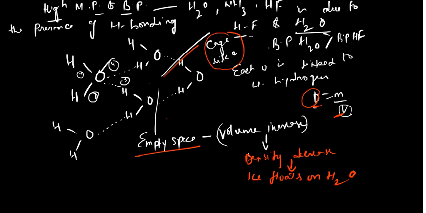And just remember one important thing: each oxygen atom is linked to 4 hydrogen atoms, right? Now we'll look at the structure of water in a little more detail.